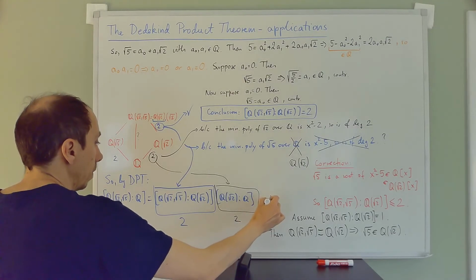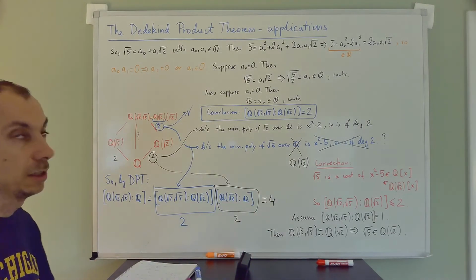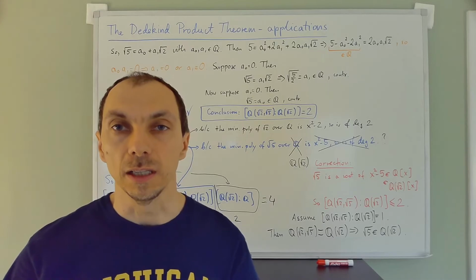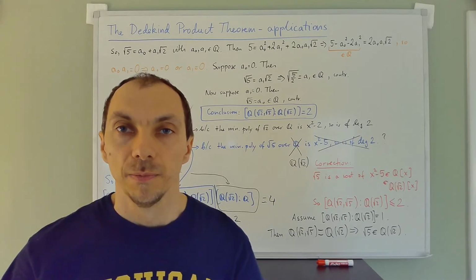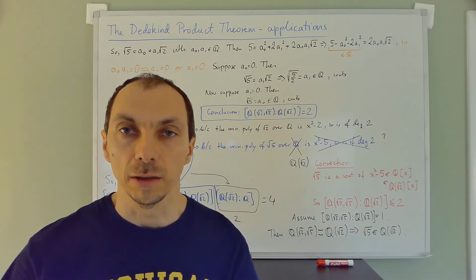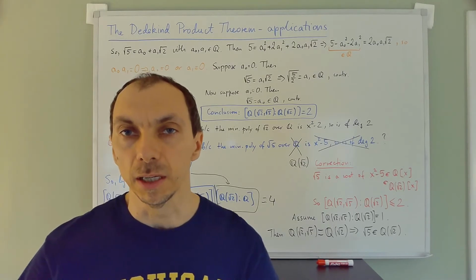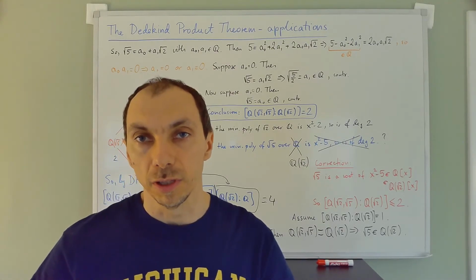So the answer is 4. Kind of how we maybe suspected at the beginning that the answer should be 4. Indeed, the set 1, radical 2, radical 5, and radical 10 that we wrote down at the beginning is linearly independent, so it is a basis.